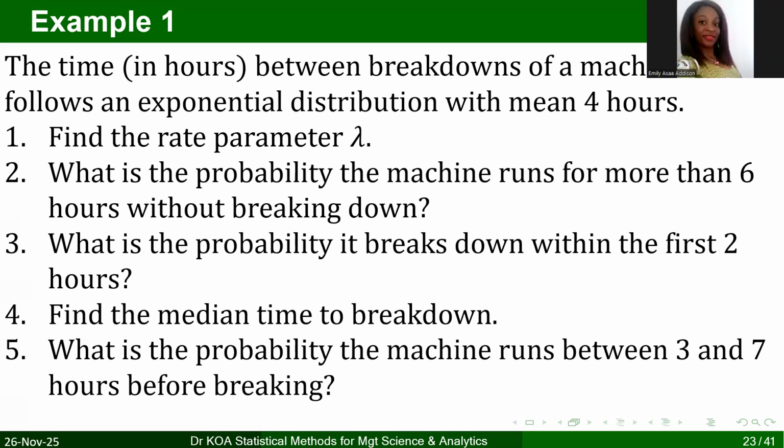Do you remember we did something like that? Yes. But in those ones we were using the cumulative. So this is the other one. So now we don't need the 1 minus. You don't need 1 minus.